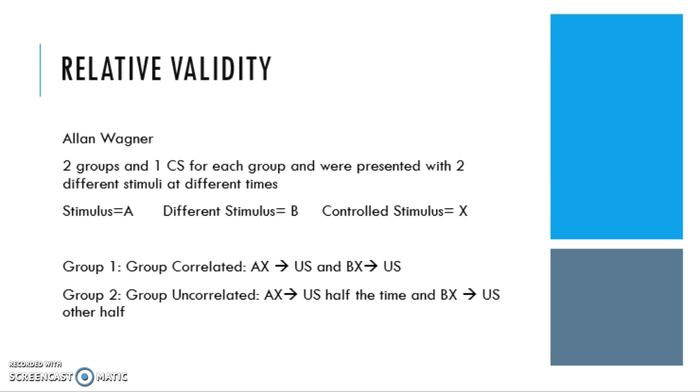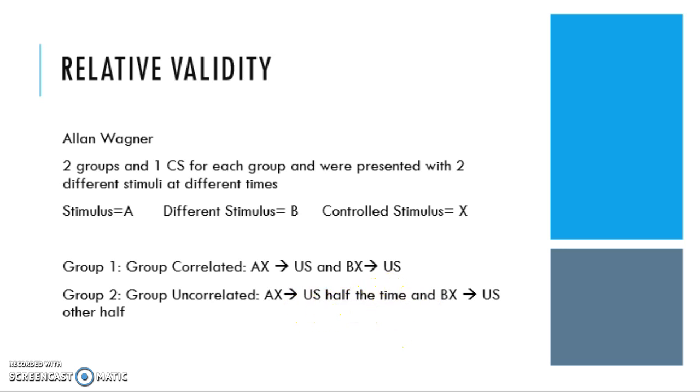The two groups are called group correlated and group uncorrelated. In group correlated, the stimulus A and the conditioned stimulus X were always paired with the unconditioned stimulus. As you can see, with the abbreviation, AX is paired with US, and then BX, there is no US.